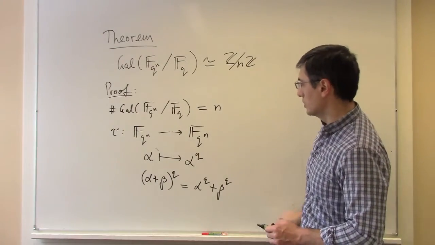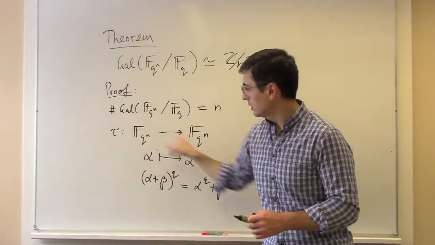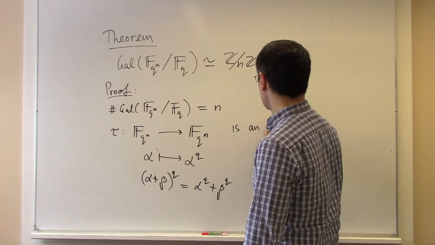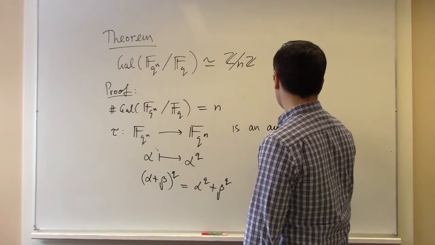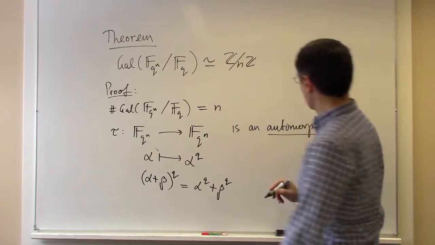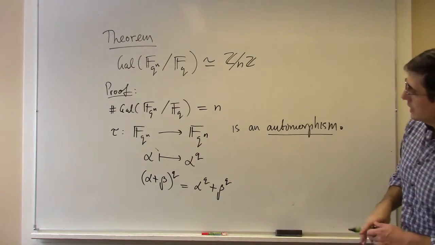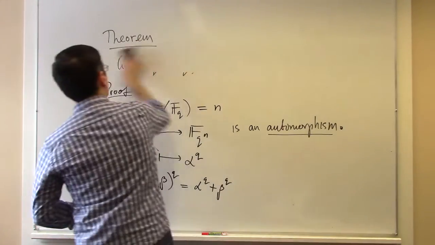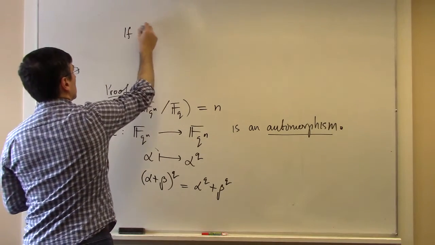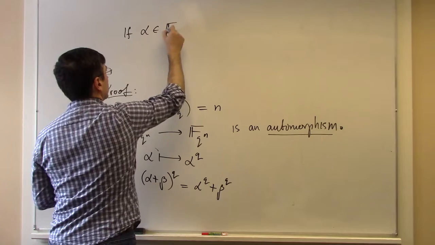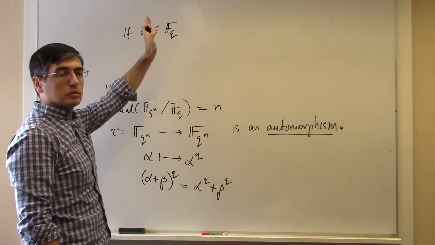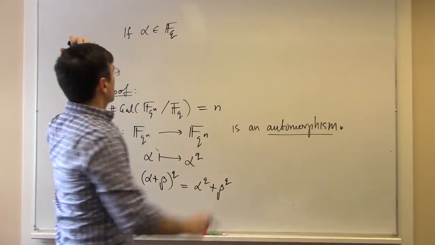All right, so we have one automorphism. Now, besides being an automorphism, if you apply this to an element, if alpha is in Fq, well, what are the elements of Fq? These are the elements that are roots of x^q minus x, right?